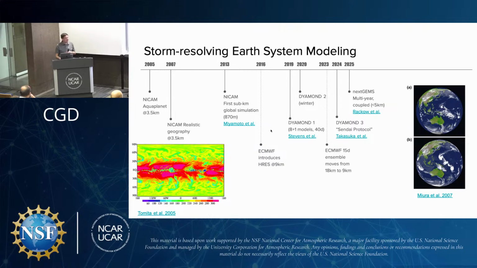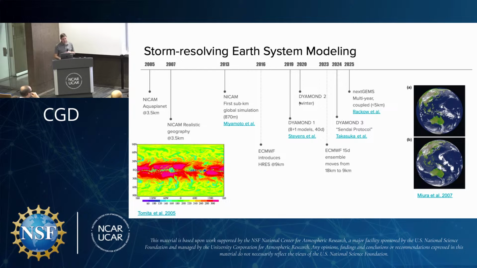As more groups got their models developed, by 2019 there was the DYAMOND intercomparison, the first intercomparison of global storm resolving models. They collected 8 models at sub 5 kilometers and 1 model that was a little bit coarser, starting from the same initial conditions for a 40-day run. It was a northern hemisphere summer case.